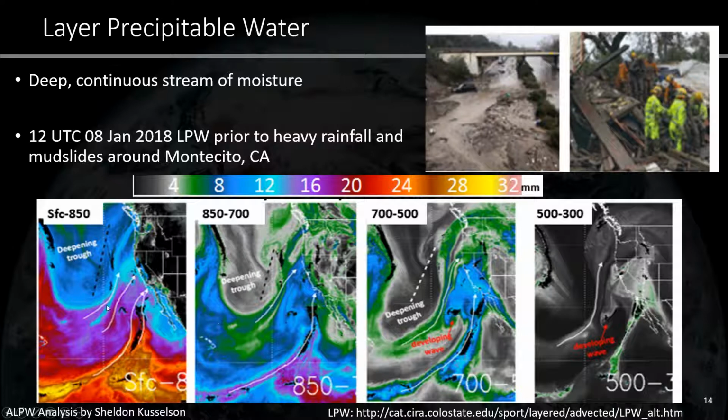But being able to see moisture within the layers, I think over the years we've had several great examples showing how to utilize this product to identify potential widespread heavy rain prolonged events, in that you're able to see where you have moisture at all layers of the atmosphere overlaying each other, and maybe over the course of a day or a couple of days riding over an area, leading to prolonged heavy rain, especially in the vicinity of burn scars.